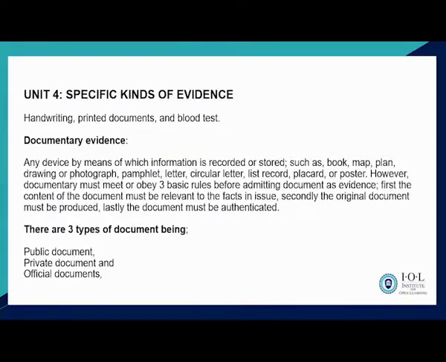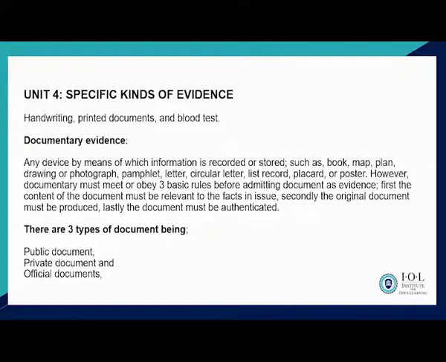Documentary evidence: any evidence by means of which information is recorded or stored, such as a book, map, plan, drawing, or photograph, pamphlet, letter, circular letter, list, record, placard, or poster. However, documentary evidence must meet or obey 3 basic rules before admitting a document as evidence.